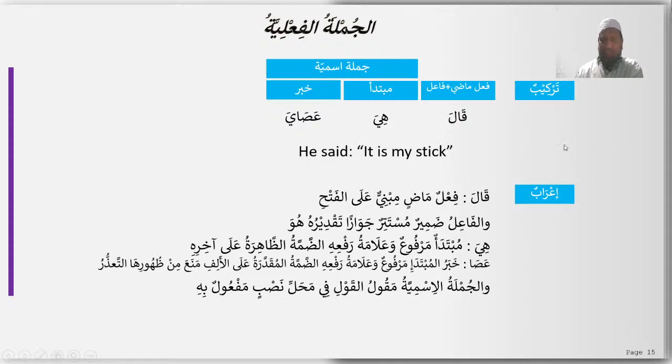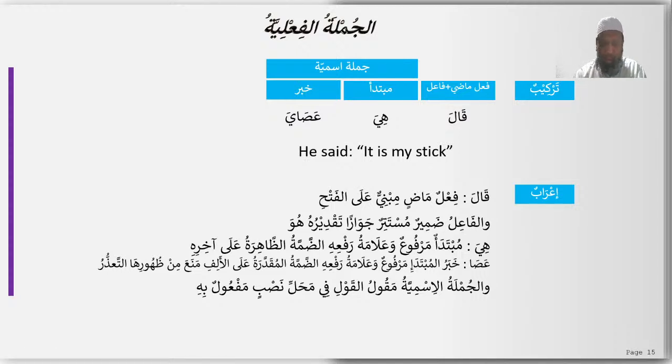So after the فعل قال, if we just have one singular word, مفرد word, we just say مفعول به. And if it's a جملة, the جملة is called مقول القول. So this جملة can be جملة اسمية, this جملة can be جملة فعلية.